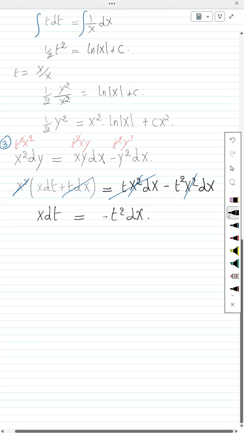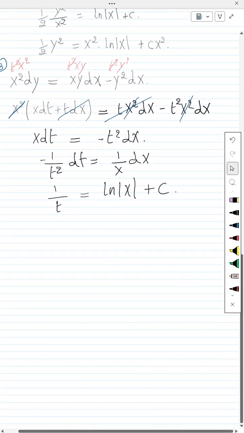So it's going to be 1 over t squared dt equals minus 1 over x dx. So it's going to be 1 over t equals ln absolute value of x plus c. 1 over t is the same as x over y, so x over y is going to be ln absolute value of x plus c.